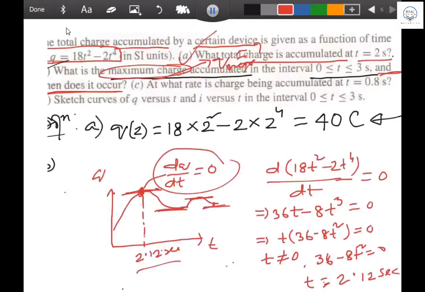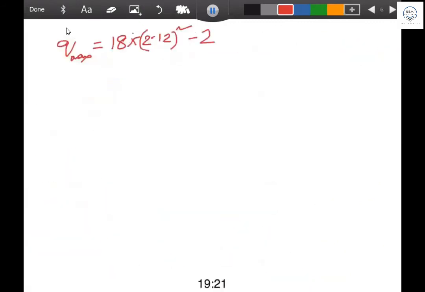Q max equal to, you have to substitute the value into the equation, which is 18 t square minus 2 t to the power 4, with t equal to 2.12.